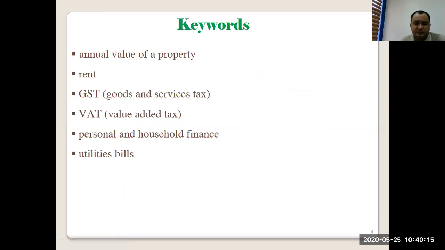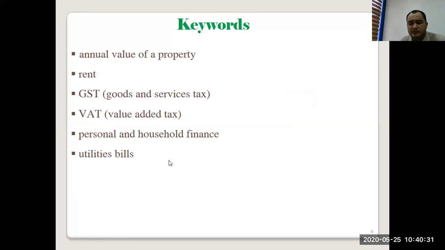Property means if you have a house or piece of land, and the rent, GST, goods and services tax, VAT, value added tax, personal and household finance, and utilities bills.